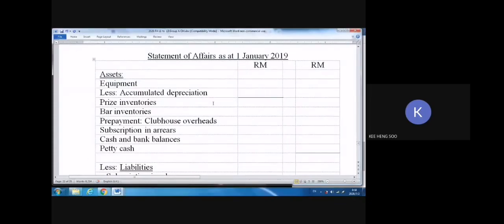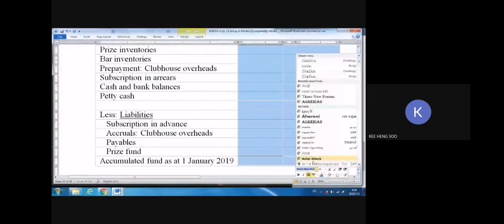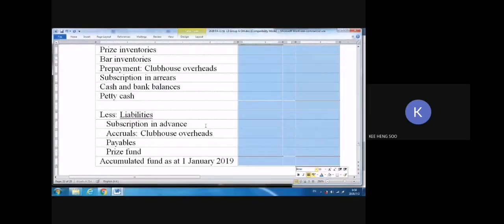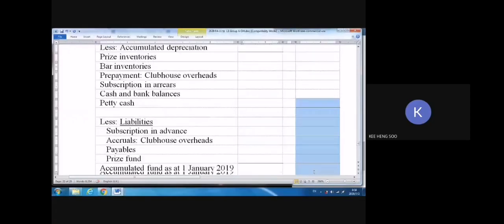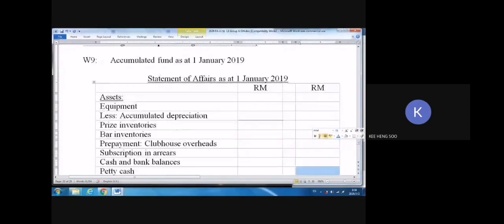Maybe I can just show you a few items. Okay. Now, you see this statement of affairs, you can show all the assets, and you can show all the liabilities on the credit side. That's one way. Or remember in the tutorial, I showed you debit and credit. Now this format, there's no debit and credit.